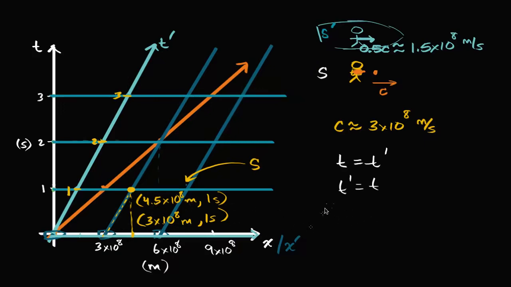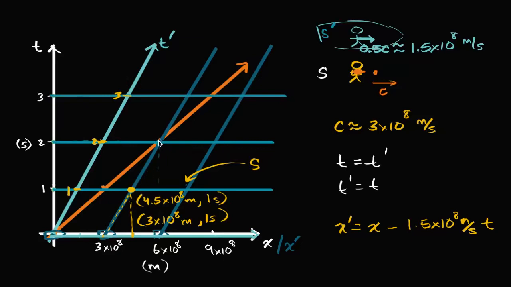And so it looks like x prime is going to be equal to x minus 1.5 times 10 to the 8th meters. But that difference is going to grow as time goes on. It's meters per second times the amount of time that has passed by. And you should see that, because after 1 second, the difference is 1.5 times 10 to the 8th meters.